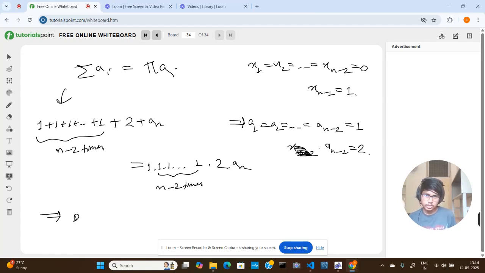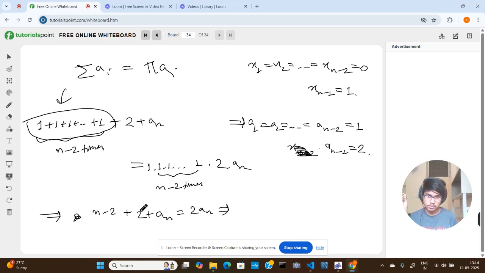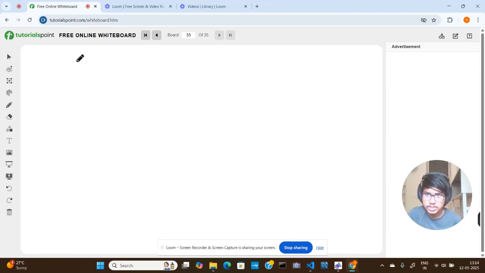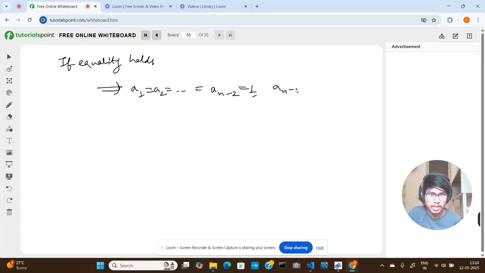So this sum will be n minus 2 plus 2 plus an, and this product will be 2 times an. This implies n plus an equal to 2 times an. This implies an is equal to n. So what we have proved is that if equality holds, this must imply a1 equal to a2 equal to so on up to an minus 2 equal to 1, an minus 1 equal to 2 and an equal to n.